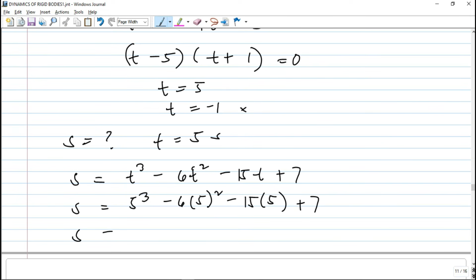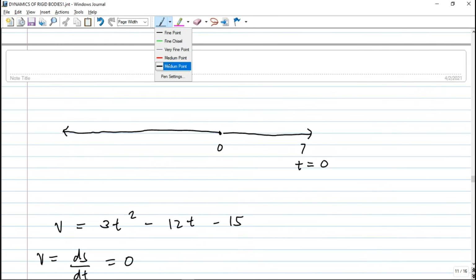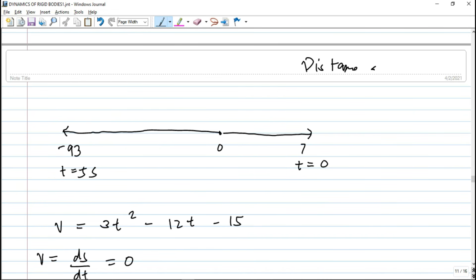We have here s equals, that is negative 93 feet. So yung distance here, the limit of the distance here, okay, that is negative 93. This is at time 5 seconds. But we are required to get the distance, okay, yung distance natin at time 10 seconds. Okay, so i-add natin to guys. So 7 here plus 93. Ito, from the left side.